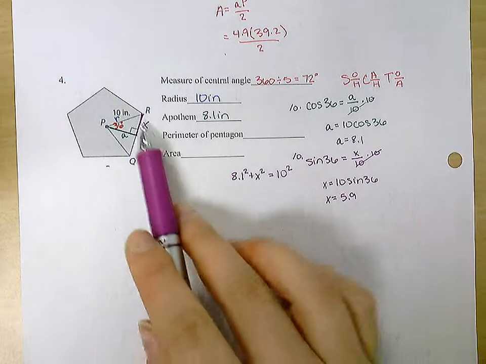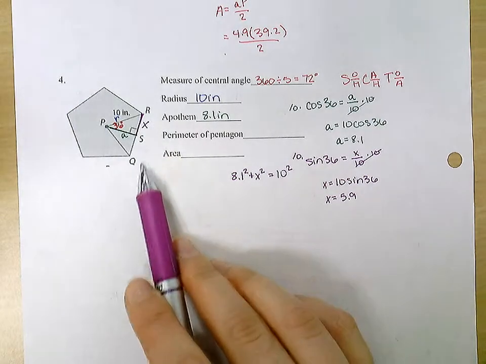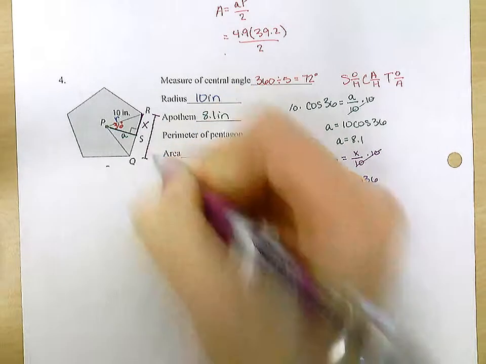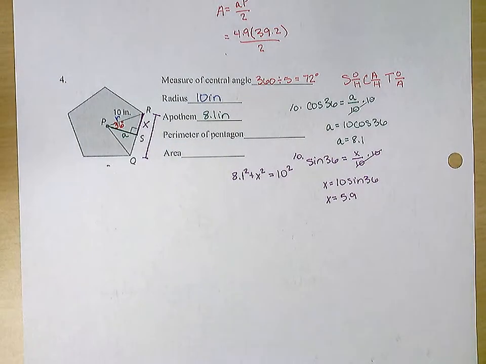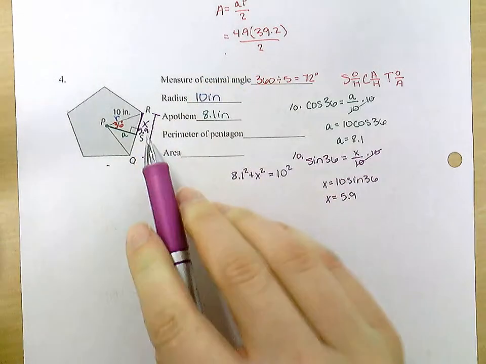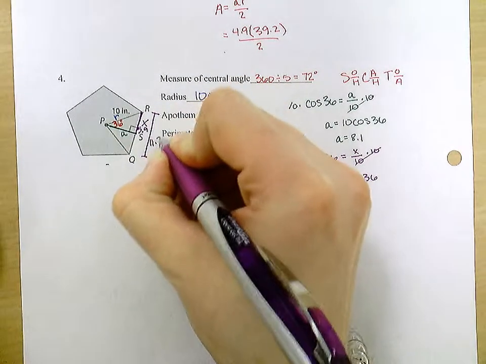That is the length of RS. Remember, we need that entire length. So what do I do to get from R to Q? Multiply by 2. So take 5.9, multiply by 2 to get that entire length of 11.8.